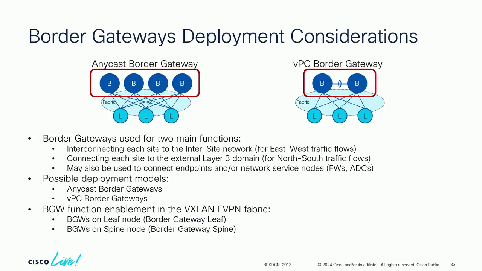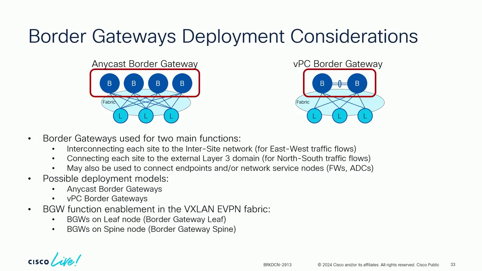Next. We have two modes of them. We have an Anycast border gateway, or what we call a shared nothing. So it's individual boxes. I represent it here in 4 on the left-hand side. It is one mode we are supporting since day one. They can sit on a leaf, dedicated, or they can sit on a spine, co-located with the spine.